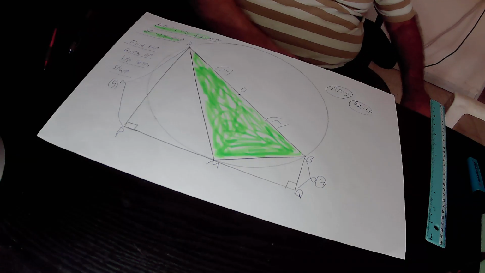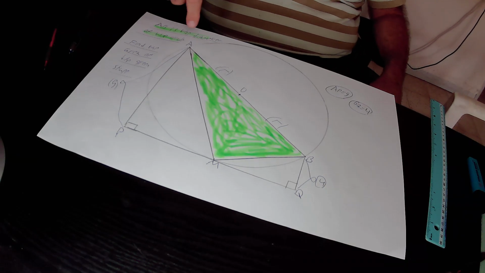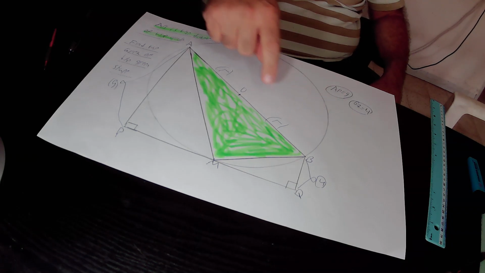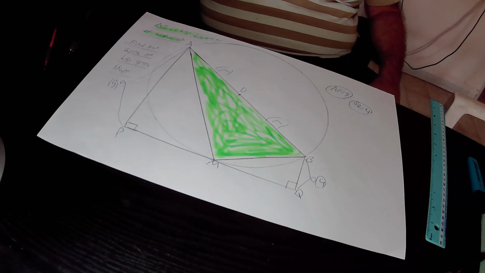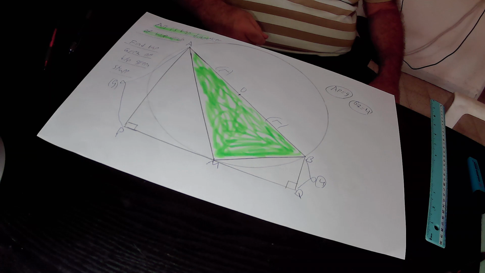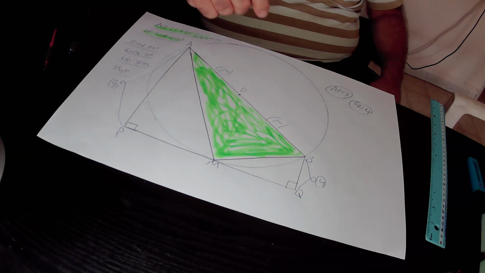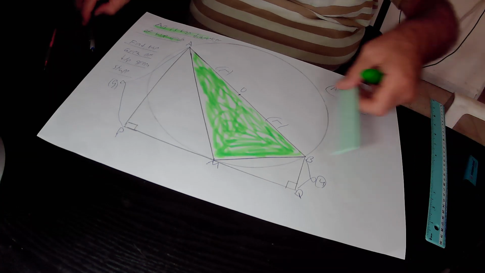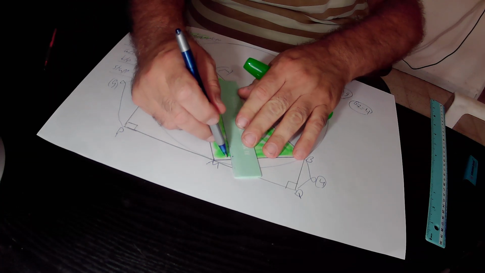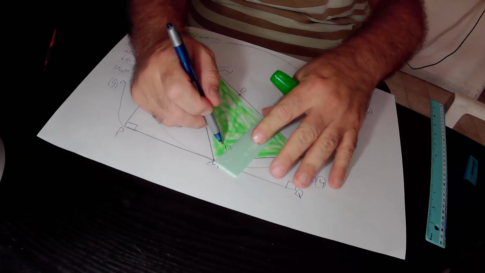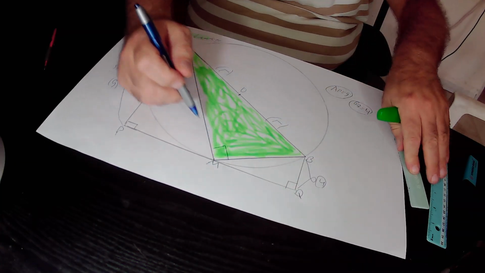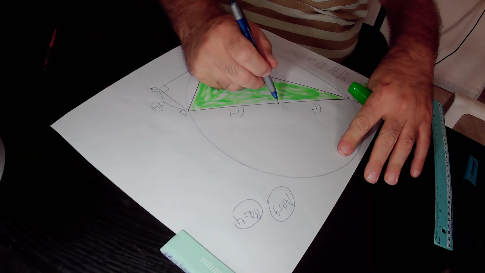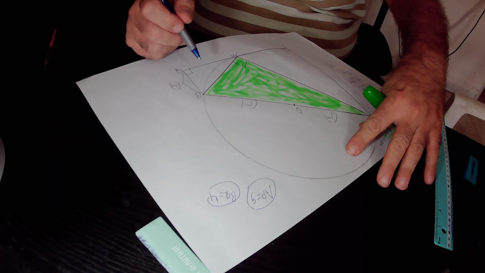This is peripheral angle AMB that subtends chord AB, the diameter of the circle, and therefore according to rule 7, peripheral angle AMB must be equal to 90 degrees. So this angle is a right angle. AB is the diameter of the circle.